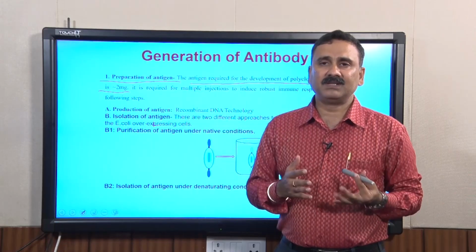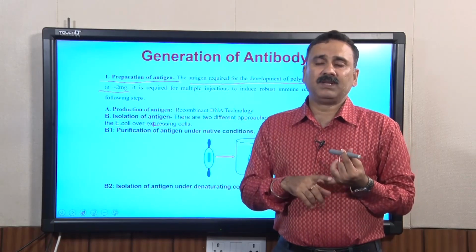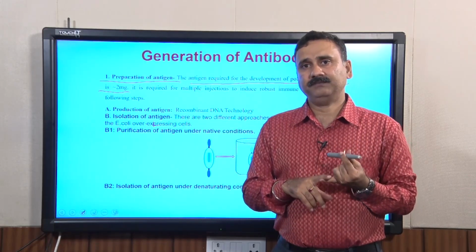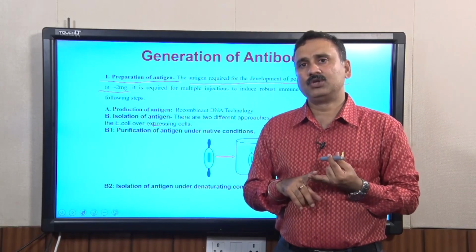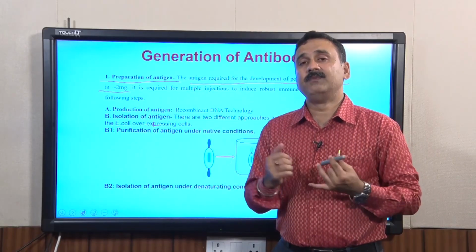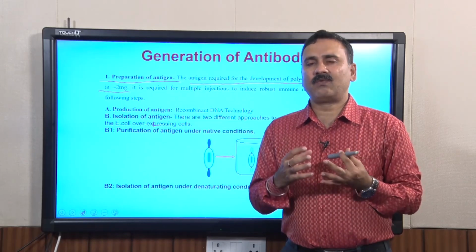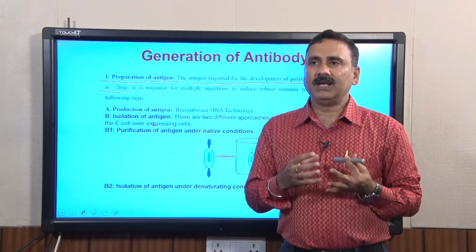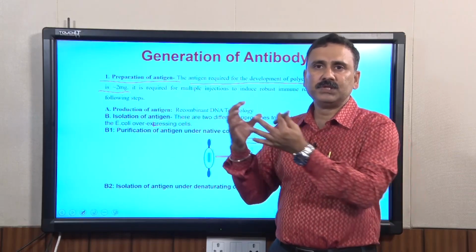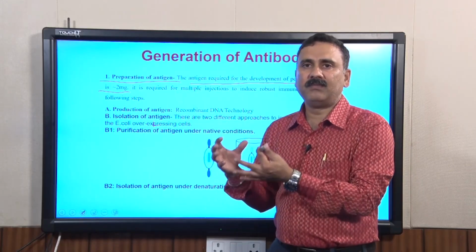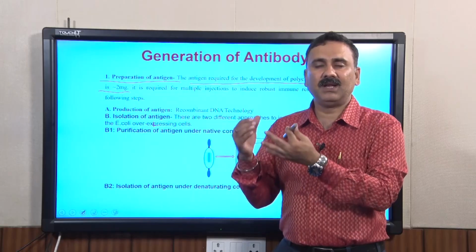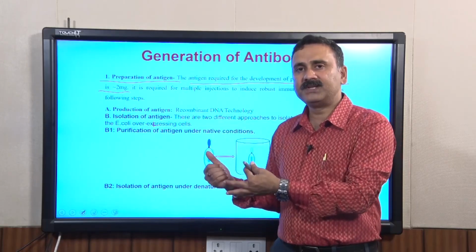The choice of animal for generating an antibody depends on many factors. Number one, the source of antigen and the animal should be distant relatives, which means if we are getting an antigen from the human, then it is advisable that you use an animal which has less homology to humans.